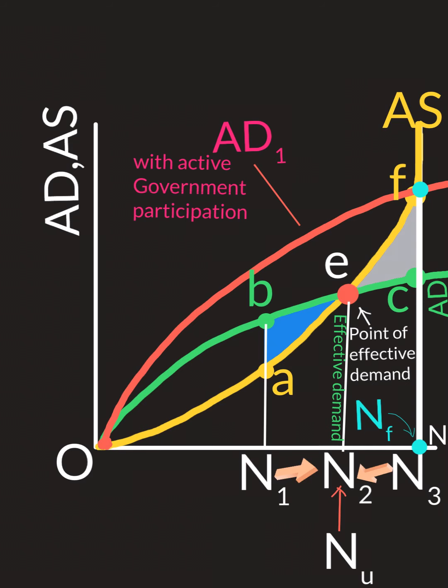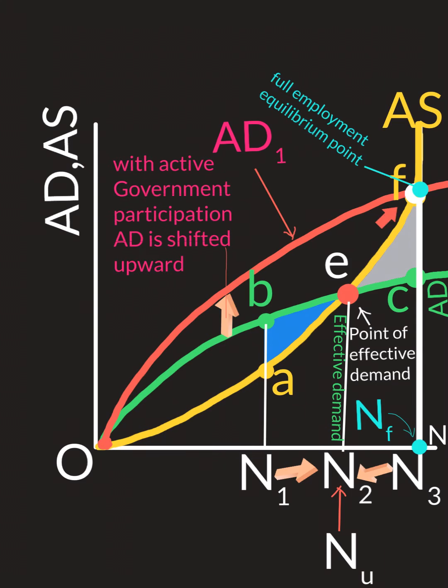Now in this situation, if the government comes forward with spending, then with this shifting of the aggregate demand curve, it intersects the aggregate supply curve at the point F. And at this point F, the full employment level, that's ON3, which may be called ONF.